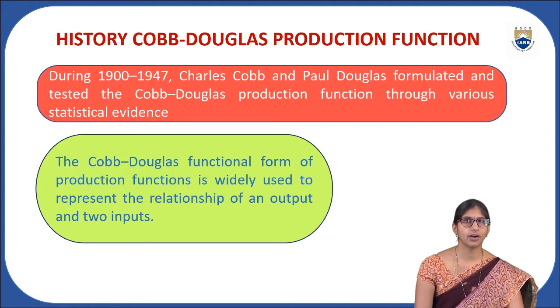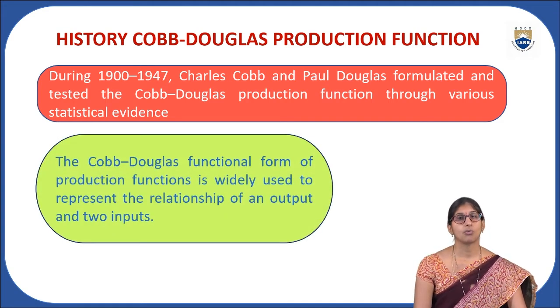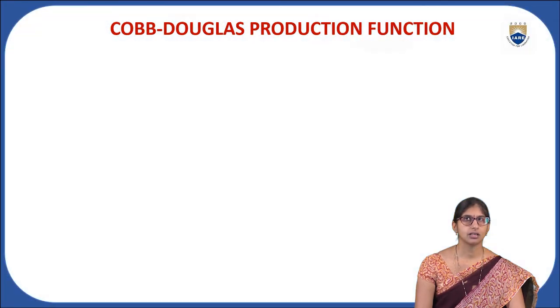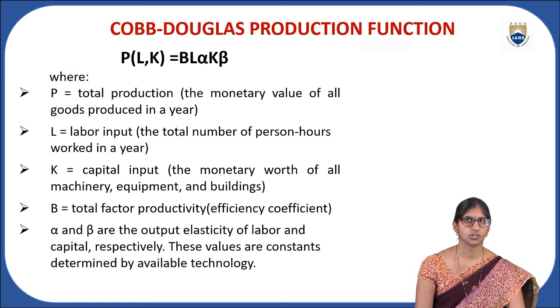This function is used with two variable inputs. This functional form of production function is widely accepted to find the relationship between inputs and outputs. So, let's discuss this Cobb Douglas production function now.